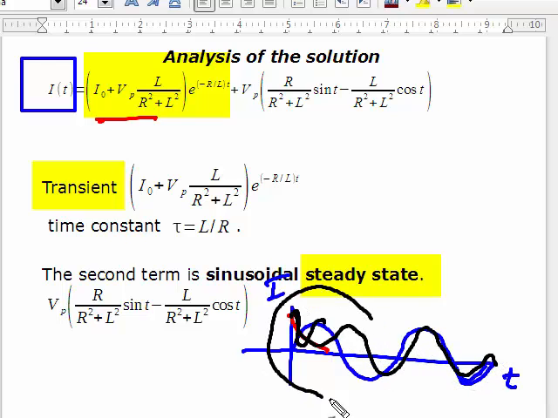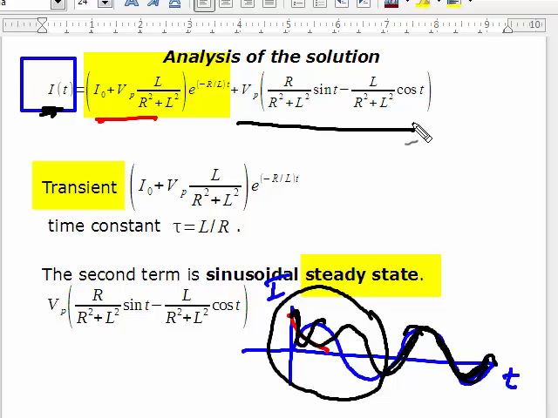So the transient would have an effect early on in this very poorly drawn picture, and eventually the system, which would be the black line, I of t, would start looking very much like the sinusoidal steady state solution.